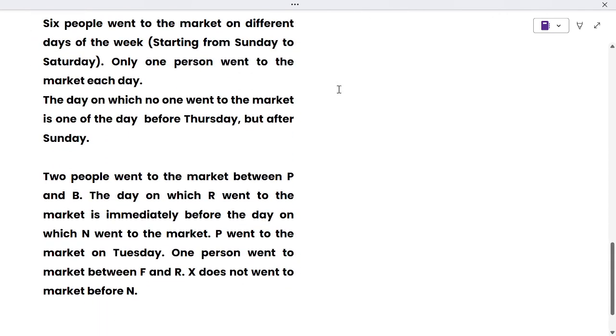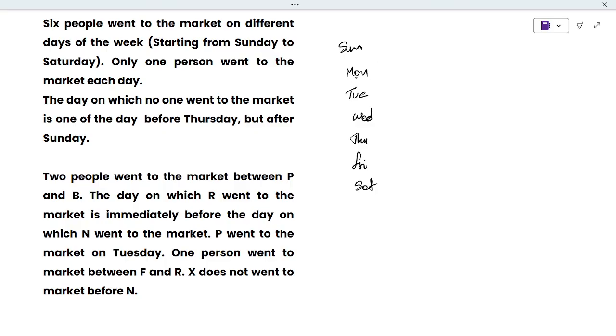Alright, what do you have here? We have 6 people who went to the market on different days of the week, starting from Sunday to Saturday. So we have Sunday, Monday, Tuesday, Wednesday, Thursday, Friday, and Saturday. The day on which no one went to the market is one of the days before Thursday.